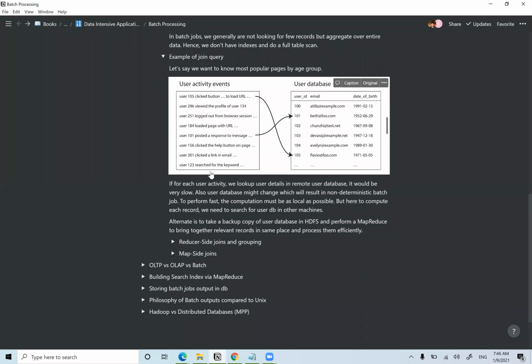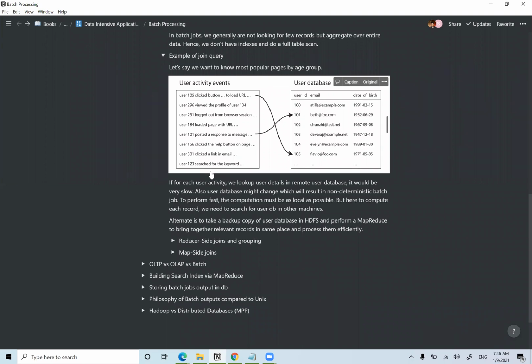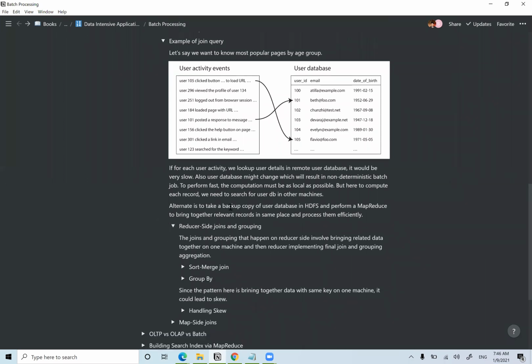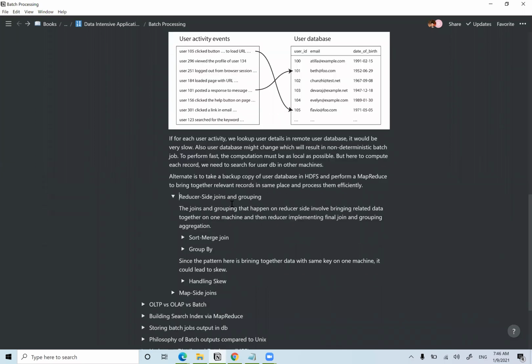So these were the basic fundamentals. Now let's see how we will actually do the join. First we will discuss the joins that happen on the reducer side. There were two steps: map and reduce, and now we're talking about the joins which will happen on the reducer side.